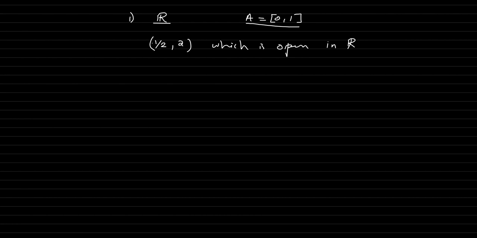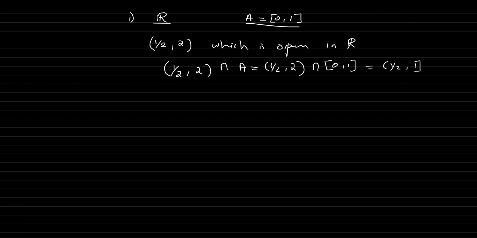Therefore, by the definition of subspace topology, (1/2, 2) intersection A is open in A, and this is (1/2, 2) intersection the closed interval [0, 1], and this is the interval (1/2, 1].